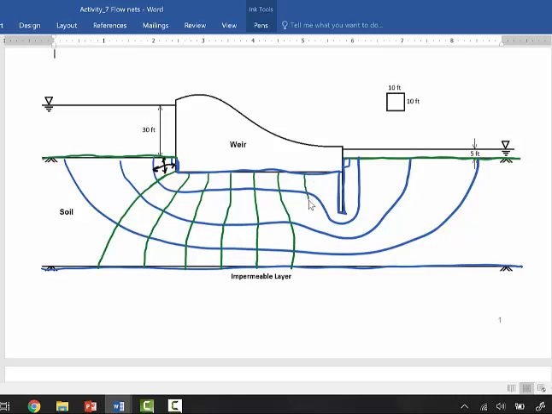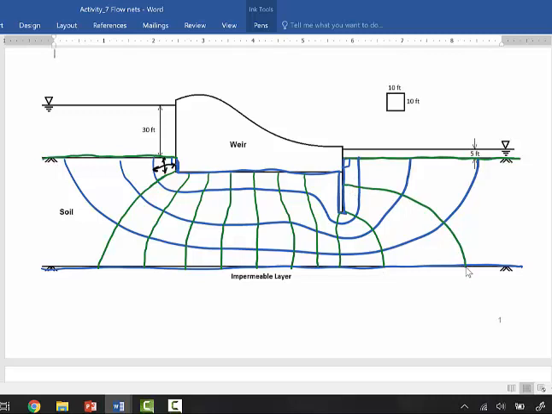Draw one like this here. There. Like so. And like that. That looks pretty good.